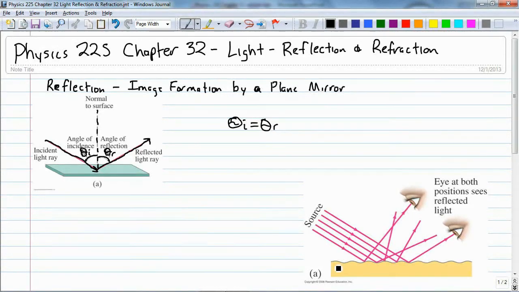But now if we have a rough surface, then we can still view this as tiny little differential plane mirrors, but they're all at different angles, and so the light rays don't reflect off at the same angle for each of the little differential areas, and so because of that we can't get a clear image based on whatever the source is coming from.